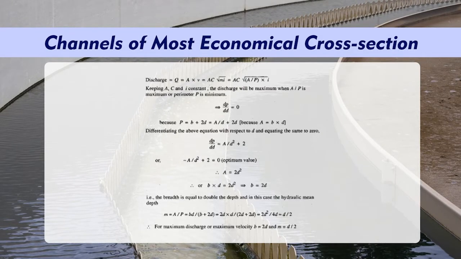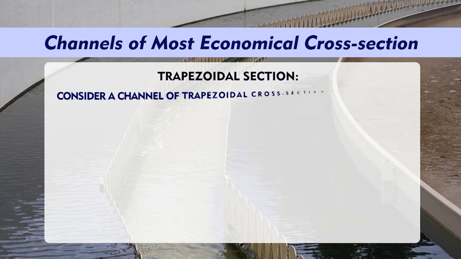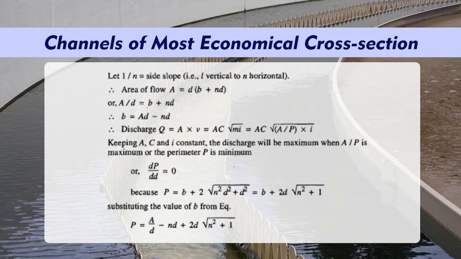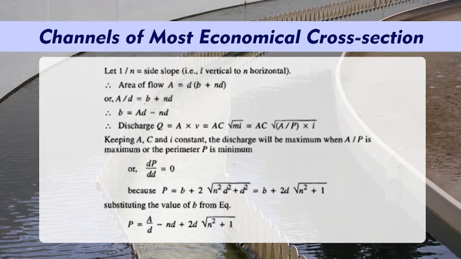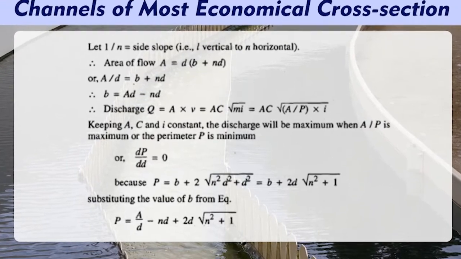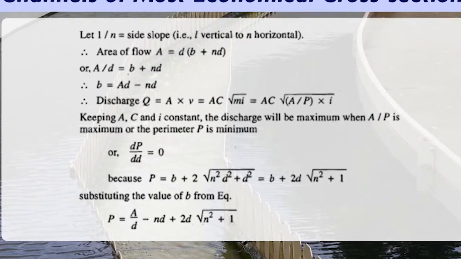Now the trapezoidal section. Consider a channel of trapezoidal cross section ABCD as shown in the figure. Here the bottom width is B, the slope is 1 to n, and the total depth is D. So the area of flow A is equal to D into B plus nD. So discharge Q is equal to, on simplification, A C into root A by P into i.